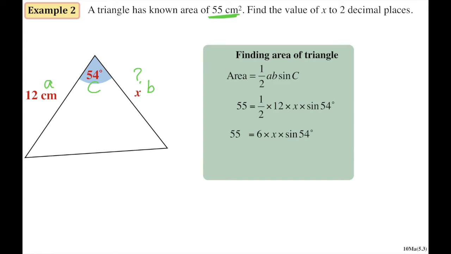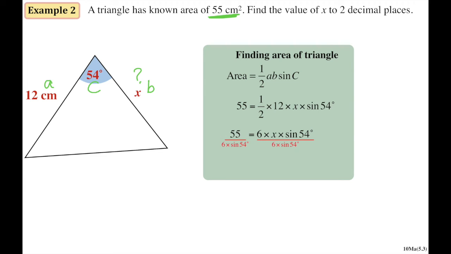So the first thing we'll do is we'll figure out that a half of 12 is 6. I did that in my head. I could have shortcutted it and done a few extra steps, but I've done that because it's easy and I can do it in my head quickly. That leaves me with 55 is equal to 6 times x times the sine of 54.